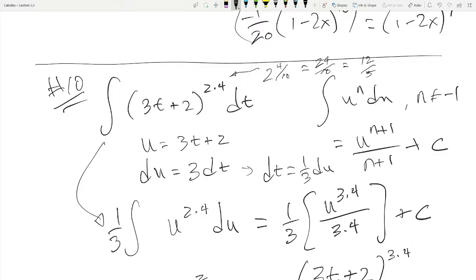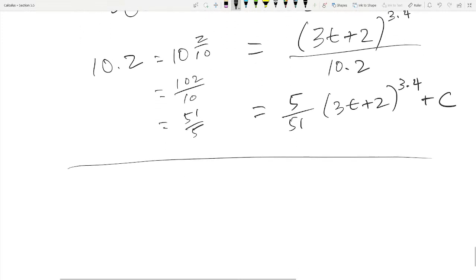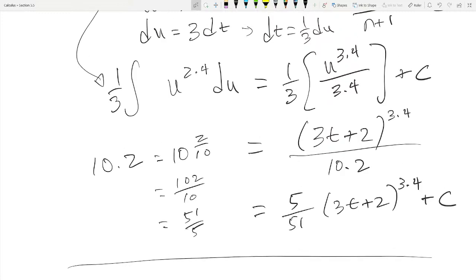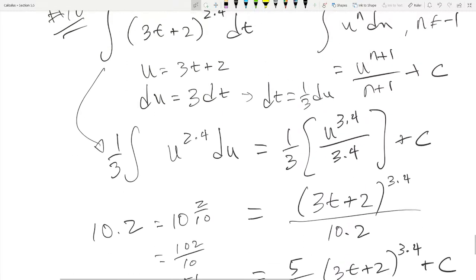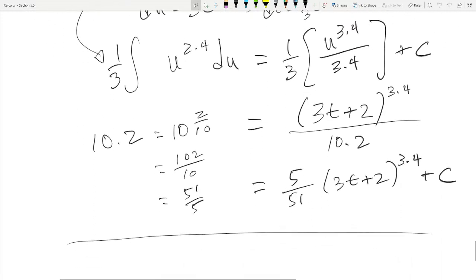So you can make it 12/5 as a fraction. Do it that way if you like. Okay, enough of that. They're just putting that in there to make the exponent look different. But we know how to do that. It's always just u^(n+1)/(n+1) as long as we don't have that special case.